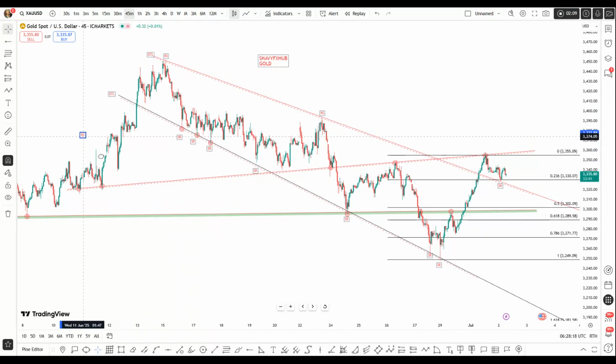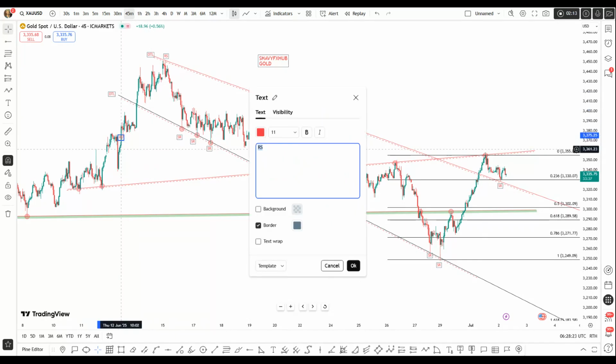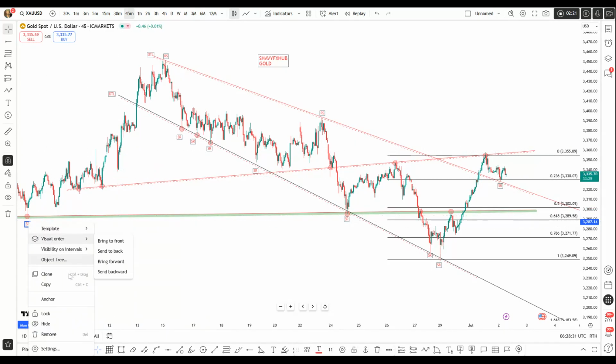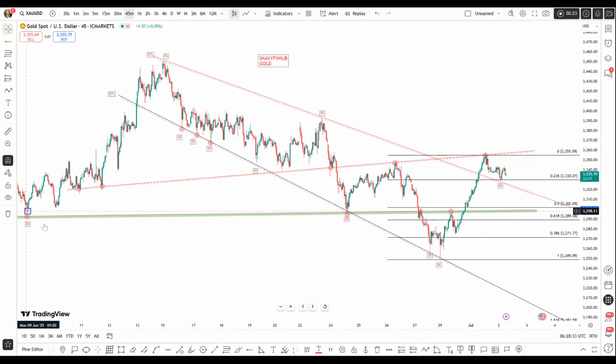So now let's look at another key thing again to look at, the SR level on 45 minutes candle. SR1, SR2, SR3, break of structure, price turn it to ROS.